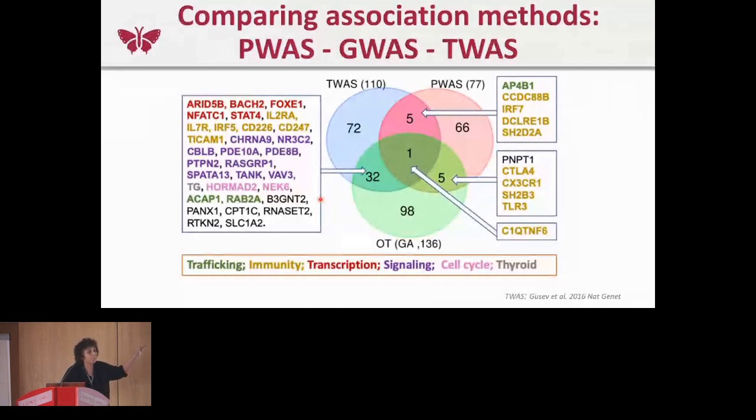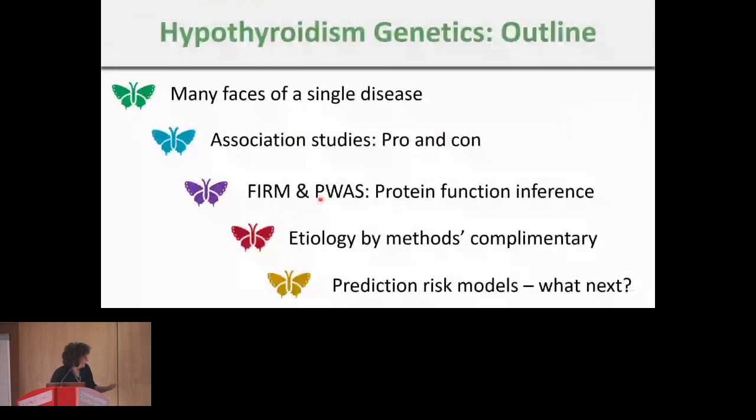GWAS identified the developmental program of the hormone and the synthesis of the hormone. And TWAS identified transcription regulation, trafficking and signaling. My take-home point is that association studies should not be used as a confirmation for one another. They really can, in some cases like this one, show you different angles of diseases, and you should use them to understand the biology better, not just to confirm something that you are looking for.